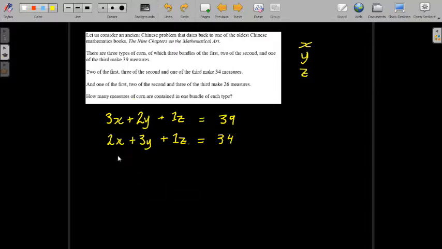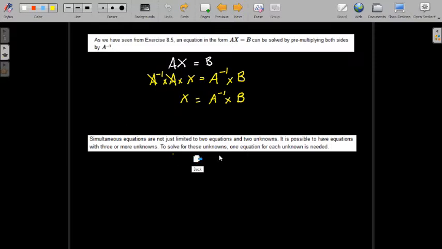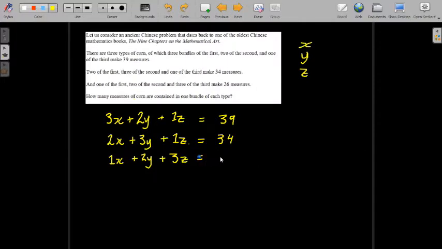And the last one, we've got 1 of the first, 2 of the second, and 3 of the third. And all up we've got 26. So now I've got 3 equations, 3 unknowns.